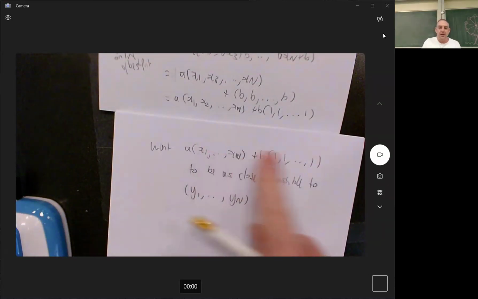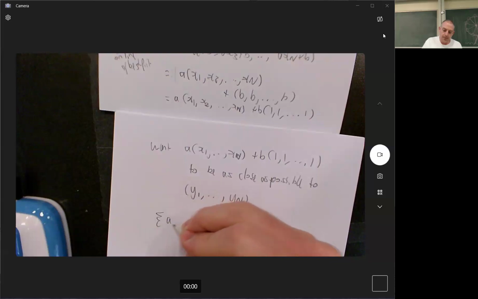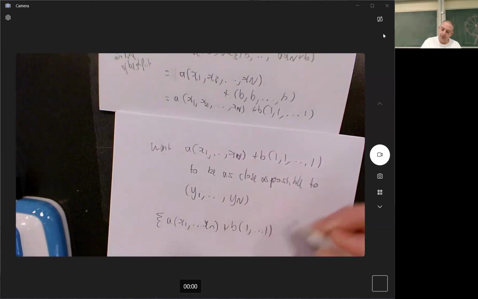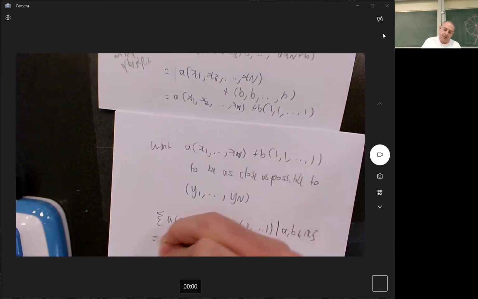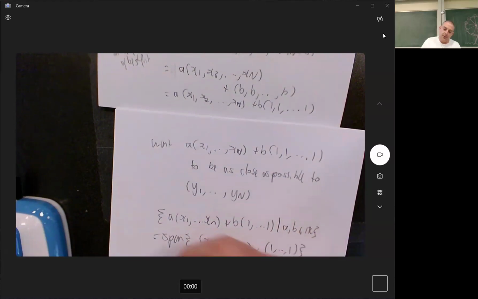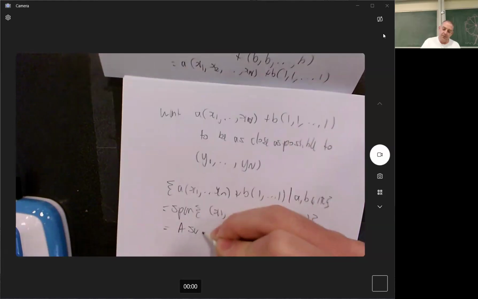And this here, a(x1, ..., xn) plus b(1, ..., 1) with a and b being everything in R, is the span of (x1, ..., xn) and (1, 1, ..., 1), which is a subspace.